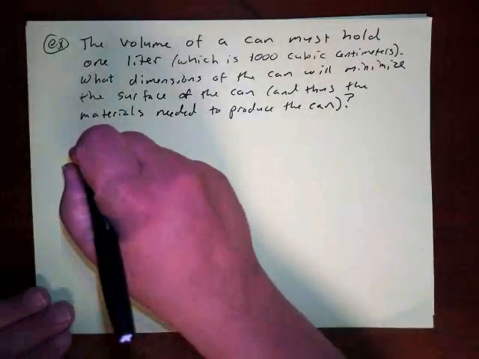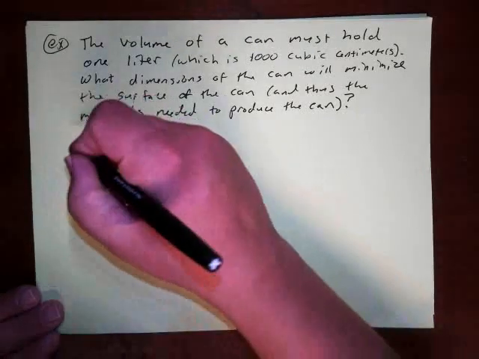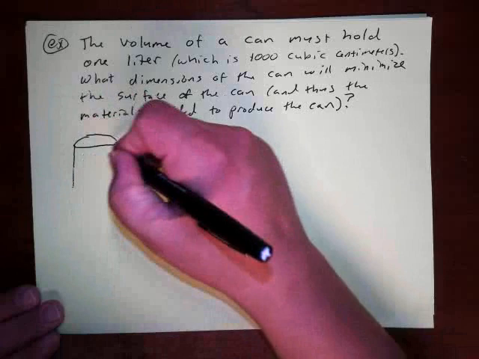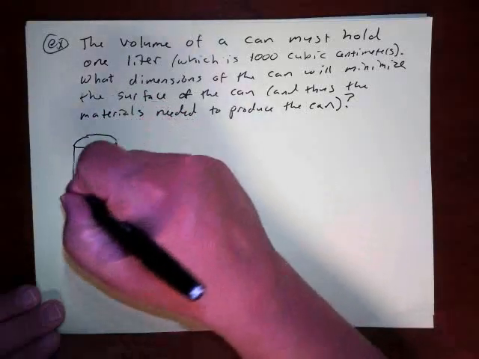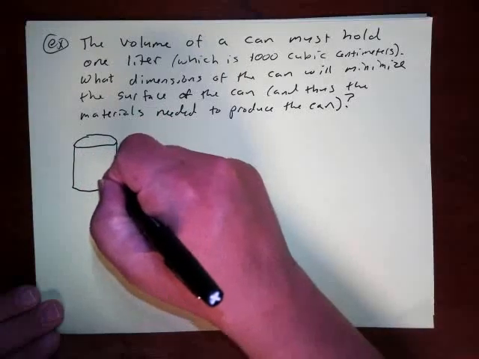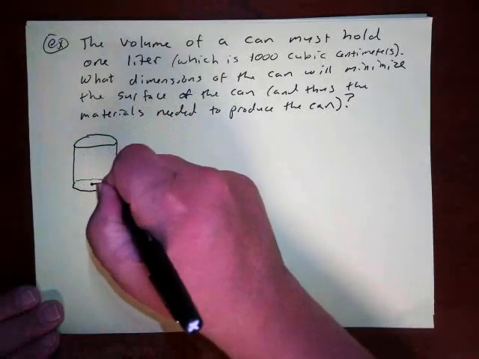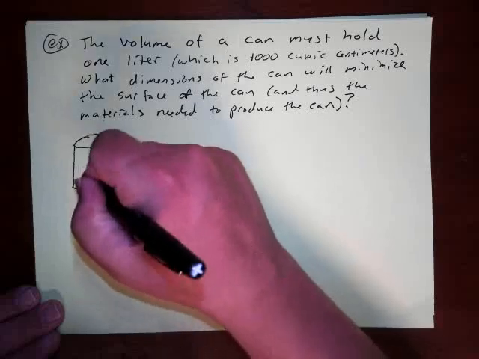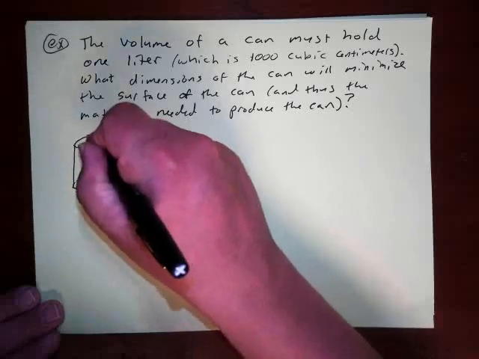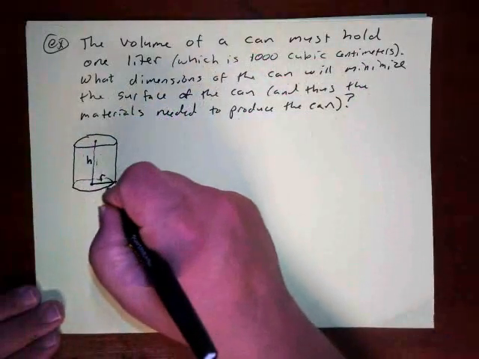So what we're going to do here, let's look at a cylinder and look at the formulas for the volume and the surface area, because we're going to use both of these. One is going to be what we're going to minimize, and the other is going to be the constraint. Okay, so you have a radius of the can, and then you have the height of the can.